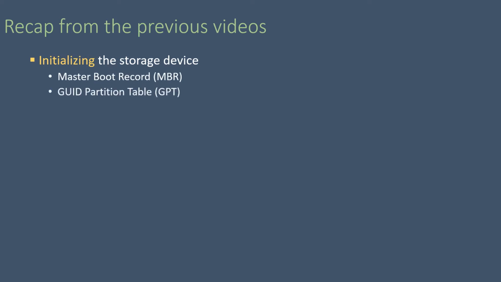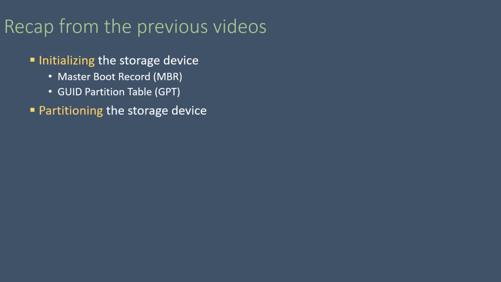This is just a quick recap from our previous videos. For any additional internal storage device you install in your computer, there are 3 tasks to be done before you start enjoying your storage device. The first task is to initialize the storage device, and in this task you have to specify the partition style, either MBR or GPT.